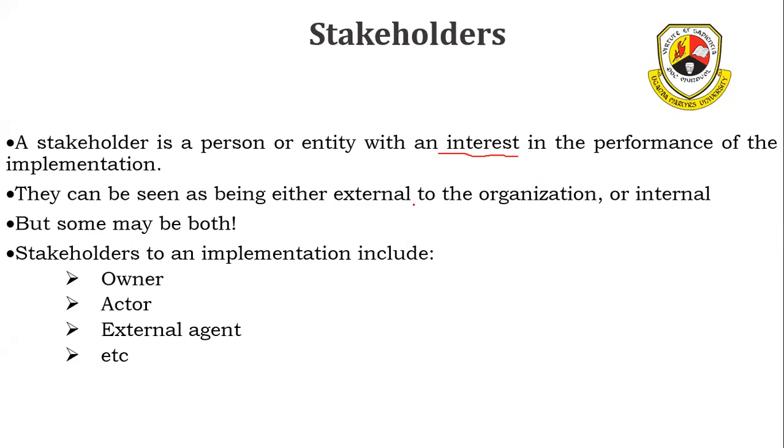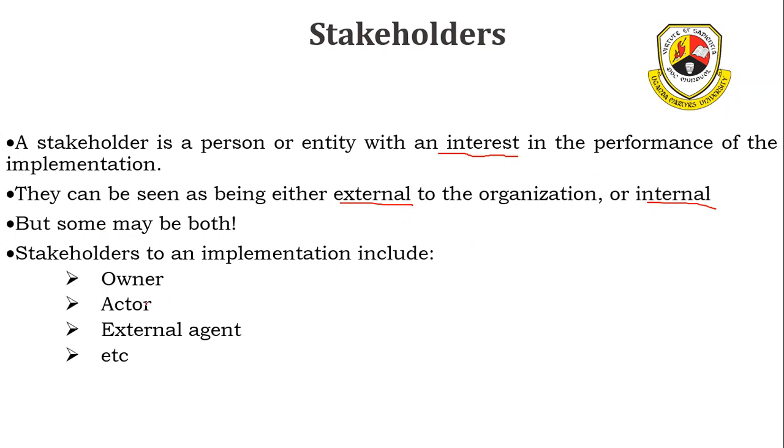The stakeholders within an organization can be both external and internal. External meaning that they're outside of the organization, internal, they are part of the organization. Sometimes you may find a stakeholder who holds both positions. They're both on the outside and on the inside. But most of the time we categorize them as internal and external.